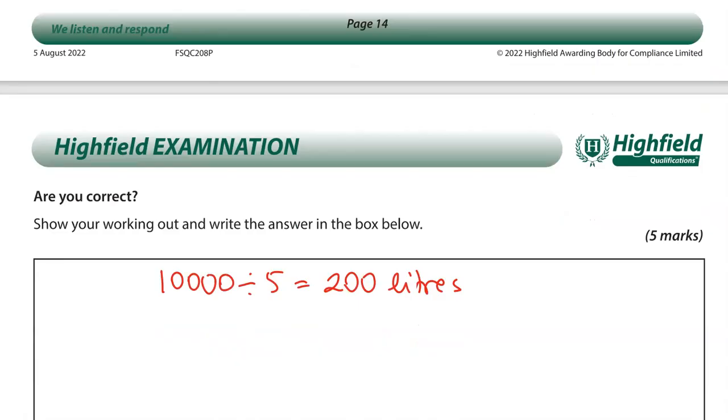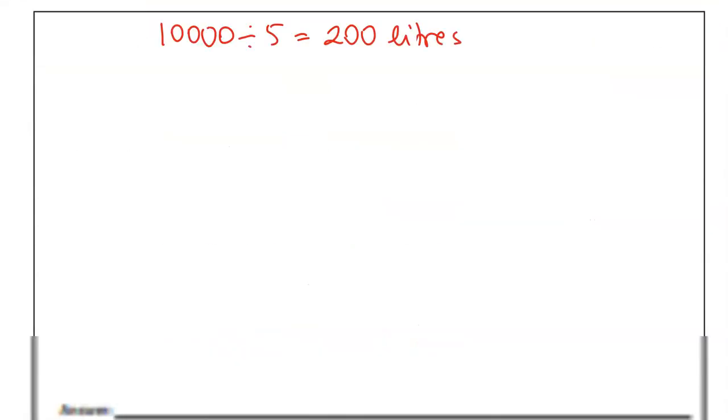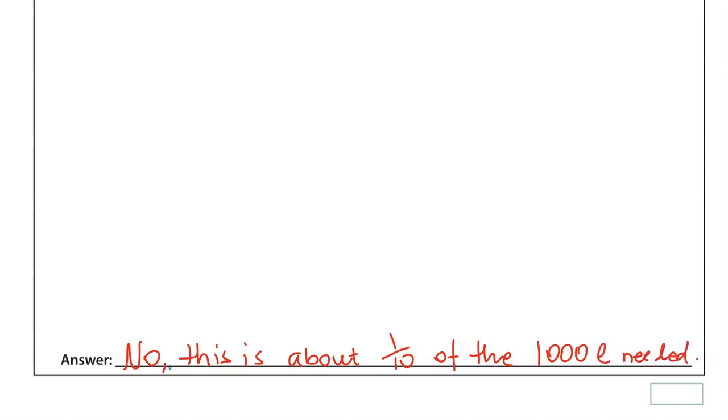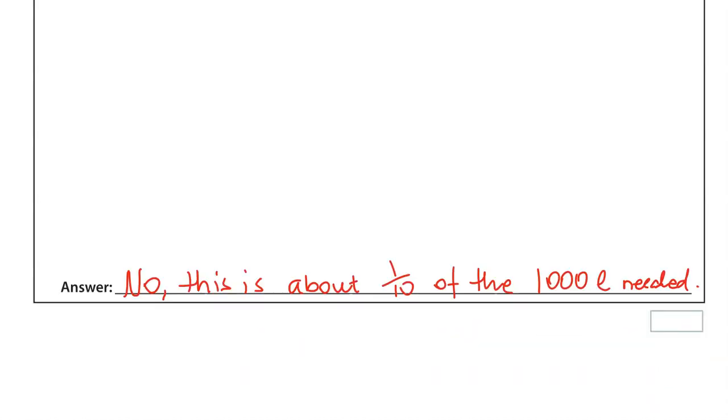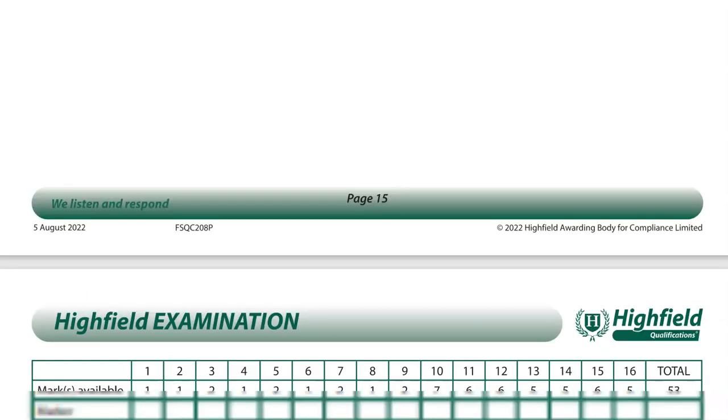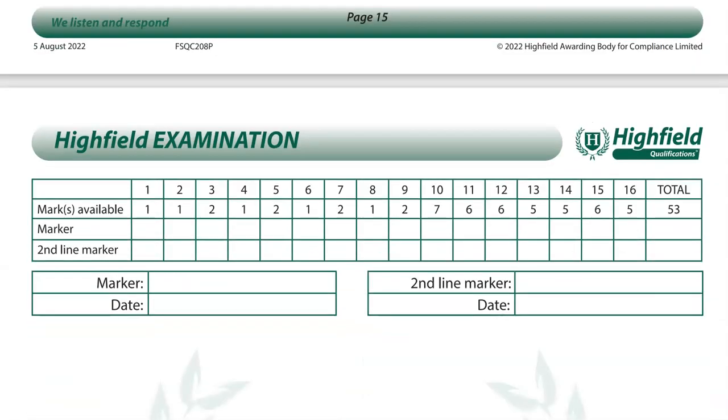So you're going to say as the final answer, no, this is about 1/10 of the 1000 liters needed. And this is the end of the paper.